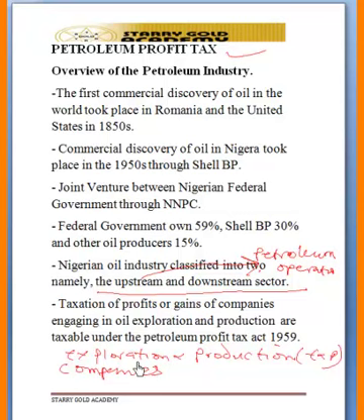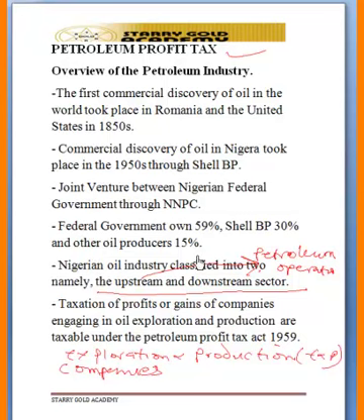Two, it is a high business risk area. With the trouble in the Niger Delta, oil pipes are being destroyed and damaged. All these pose risk to the companies in that business. It also has a complex tax reporting system.